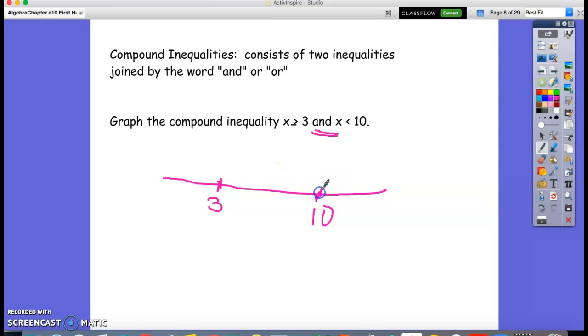So there is an open circle here and a closed circle over here. So 3 is included but 10 is not included. These are the numbers that satisfy this inequality. This is the compound inequality.